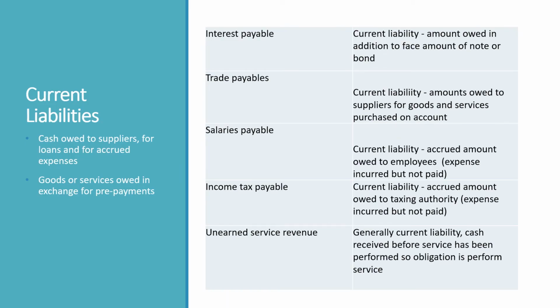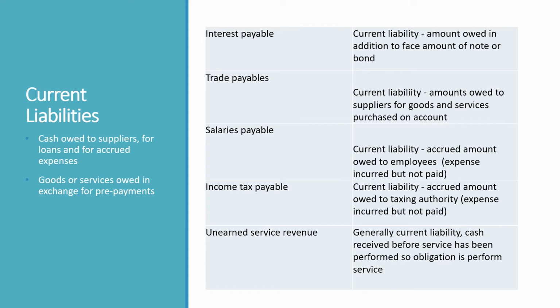So liabilities, we know, have to be divided into current liabilities and non-current liabilities. The types of current liabilities you would expect to see would include interest payable, trade payables, salary payable, income tax payable, and then unearned revenue or unearned service revenue in this case. So in most of these cases, cash is owed to suppliers, for loans, and for accrued expenses.